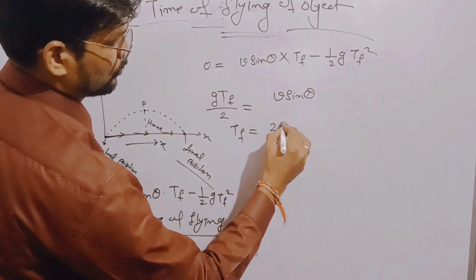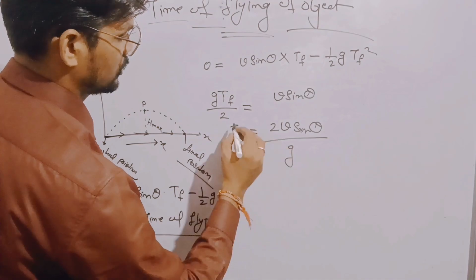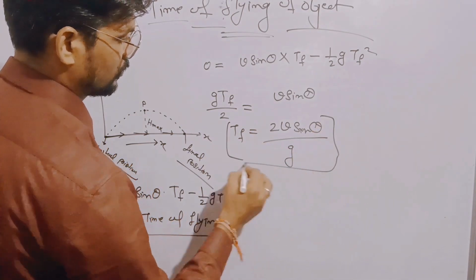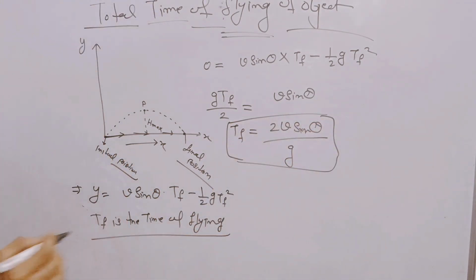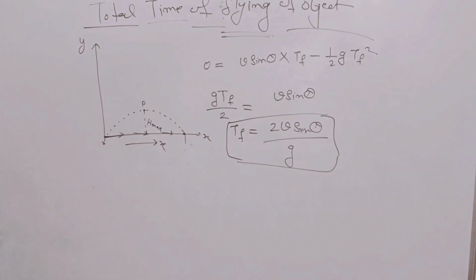So tf is equal to 2v sin theta upon g. This is the total time of flying, the time of flying of the object in projectile motion.